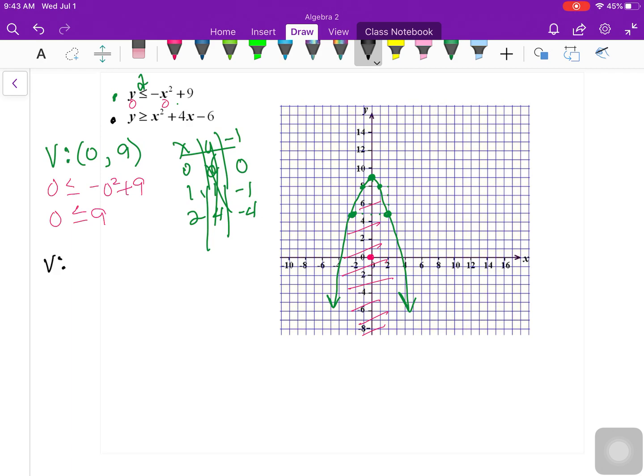Do the second one in black. This time it's standard form again. So the opposite of b would be negative 4, over 2 times a, which is 1. Negative 4 divided by 2 is negative 2.